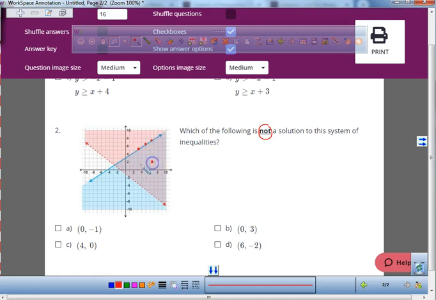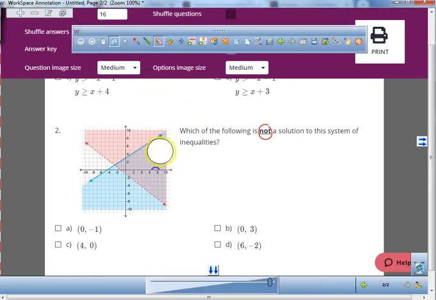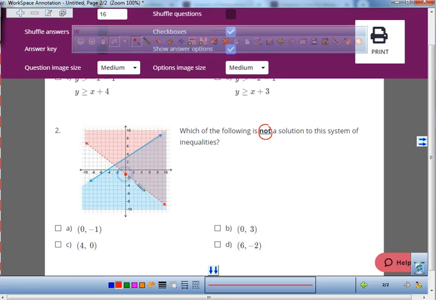Anywhere in this dark shaded region would be a solution. What's not considered a solution? Anything on the dotted line, anywhere here, here, or here. Look, (0, -1), which is right there, is that on the dashed line? Yes, so that's not a solution. That's why that would be the answer.